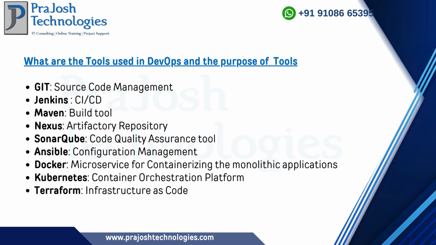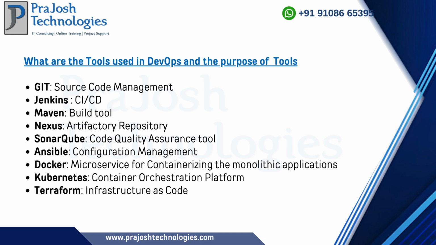And let's understand what is Nexus. So Nexus and JFrog are similar artifactory tools, wherein we have repositories in Nexus, and the dependencies of Nexus are defined in the pom.xml, which is related to Maven.